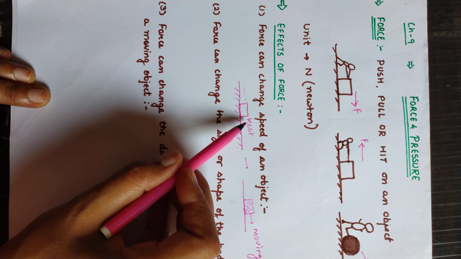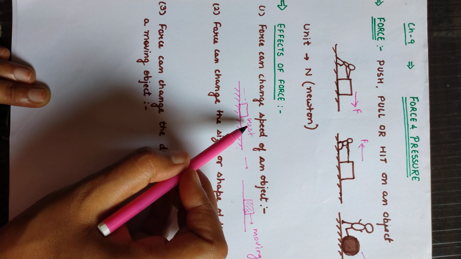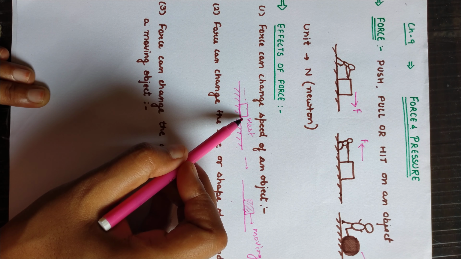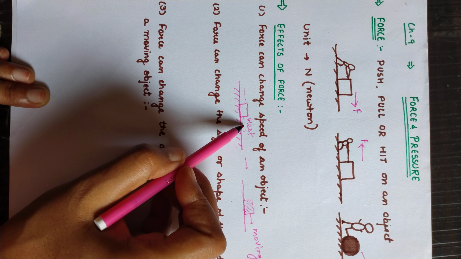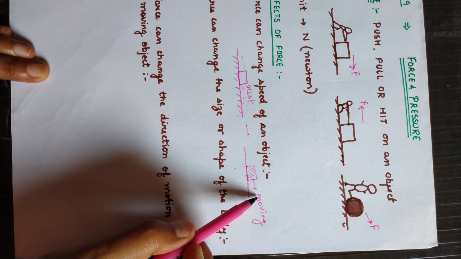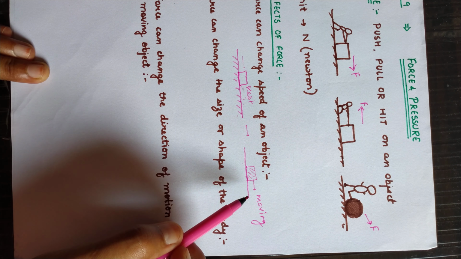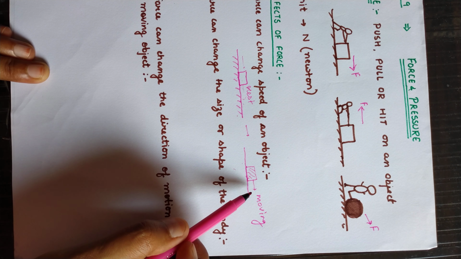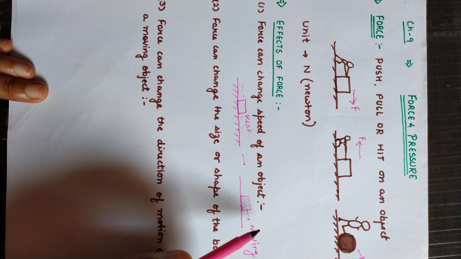If the object is moving and we apply force in the direction opposite to motion, then it may come to rest also. जैसे force है वो इधर apply कर रहे हैं, object इधर अगर move कर रही है, like in this object is moving this side, और हम इसके opposite अगर force apply करेंगे, then maybe it is possible that the object will come to rest, the object will stop.